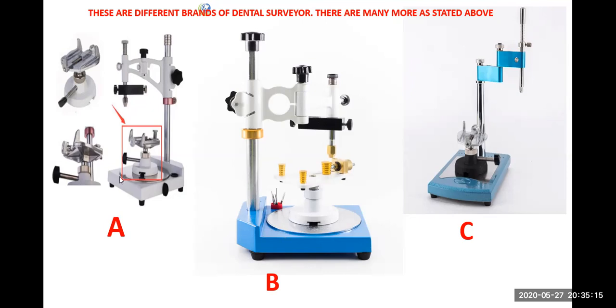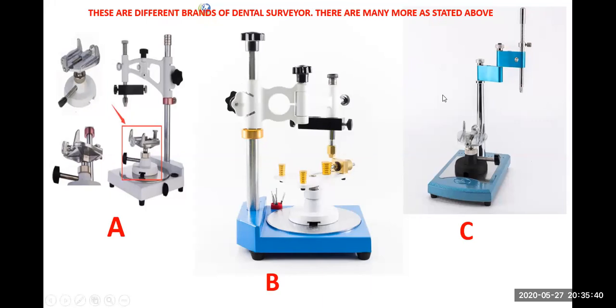Here it is a different ball game. But paramount to all of them, they must have a table where you secure your model, and they must have an arm where you place the accessories and be able to do the surveying procedure. So these are the two types.